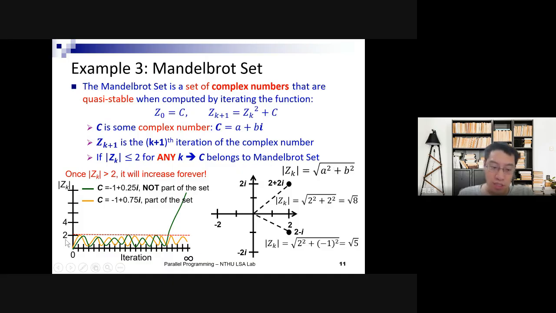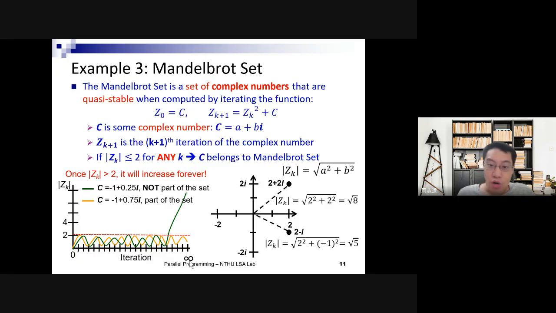So we use this iterative computation to evaluate whether a complex number is within the Mandelbrot set or outside the Mandelbrot set. Theoretically, you actually have to check it for an infinite number of iterations. But of course, we don't have infinite computation power.